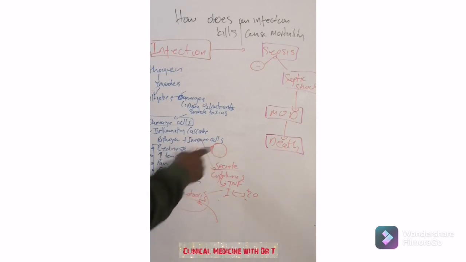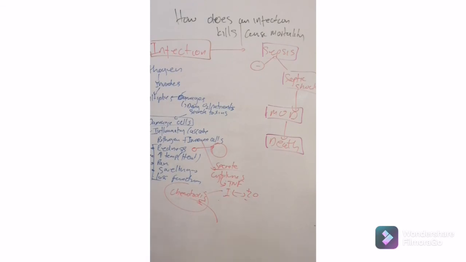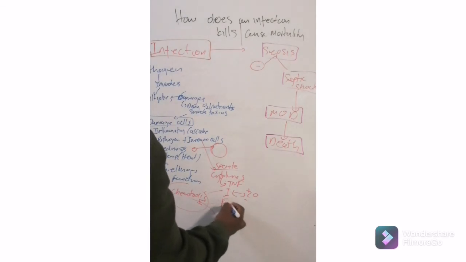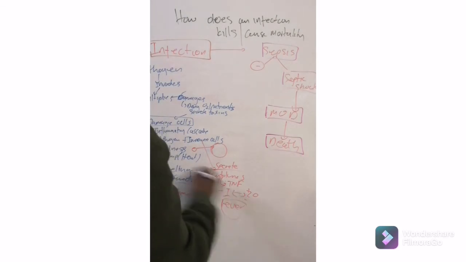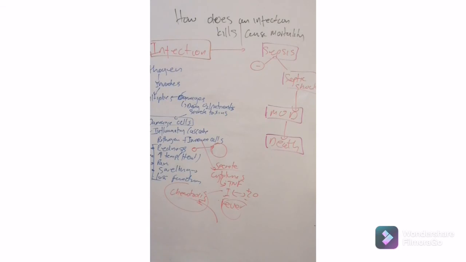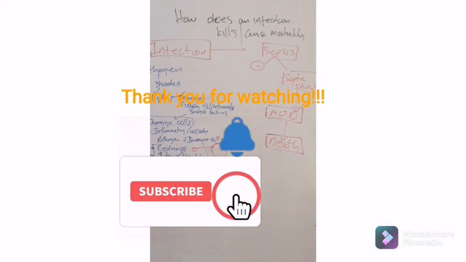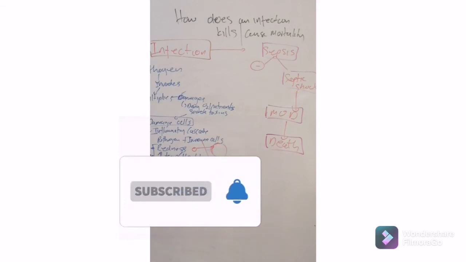That's one of the reasons why you get dilatation of your vessels there, right? And one of the reasons why people get fever is because of the secretion of your cytokines. It also depends how much cytokines are being secreted for someone to actually have a fever.